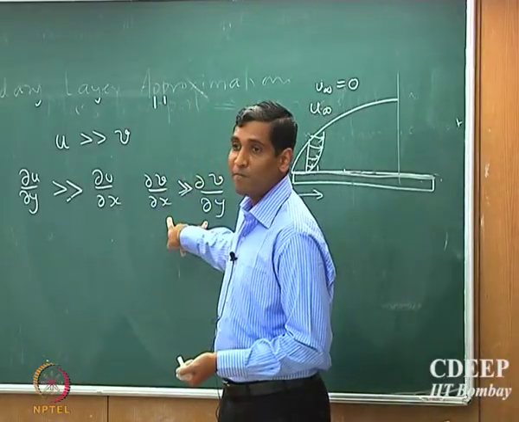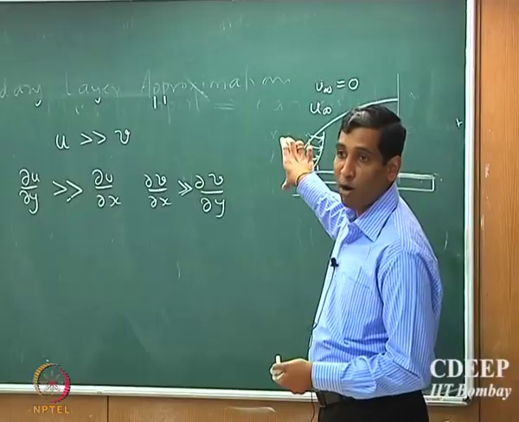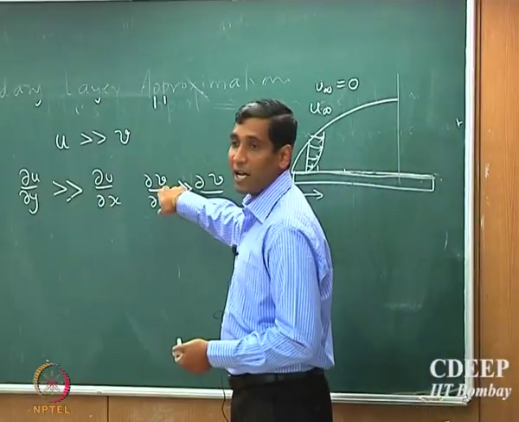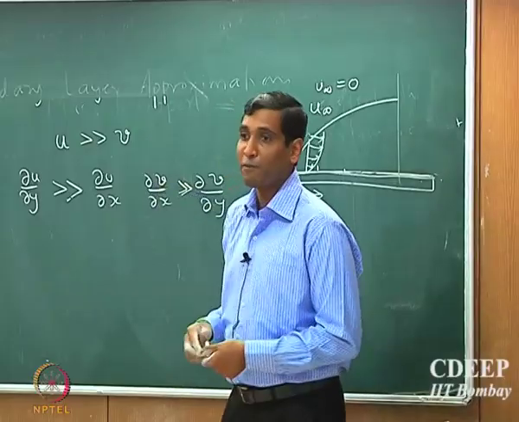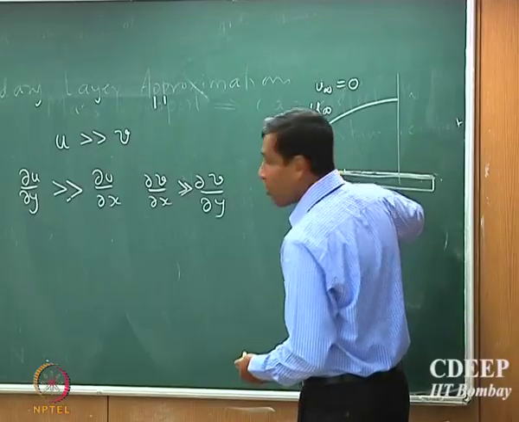And about these two, it's because the boundary layer thickness itself is very small, so the y component velocity itself is going to be significantly smaller. So it has to go from some 0 at the boundary.